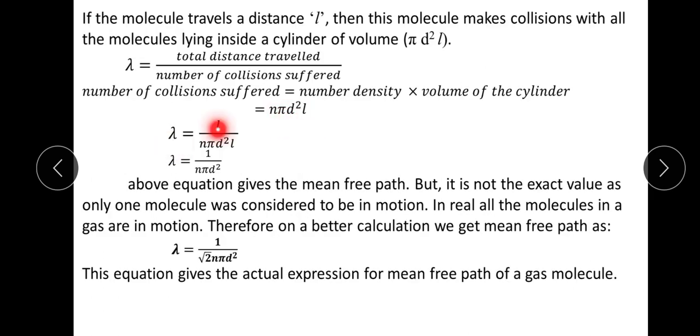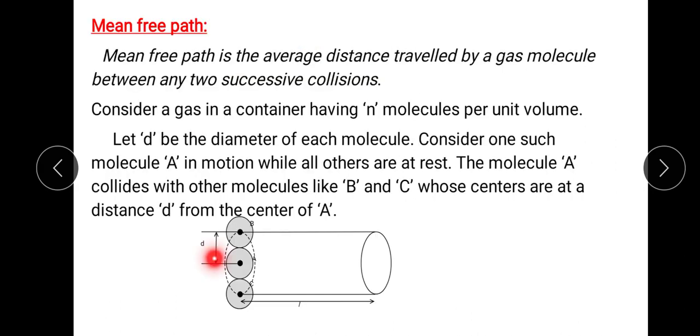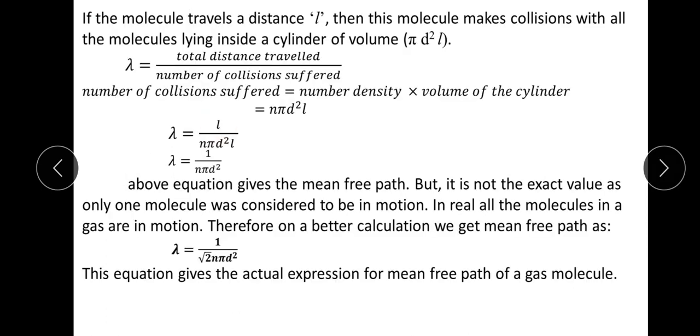So lambda is equal to L, the total distance traveled, divided by n pi d square L. Cancelling L, lambda is 1 by n pi d square.